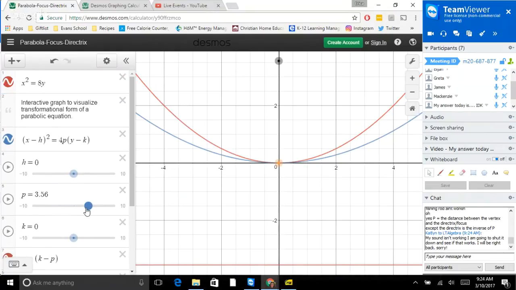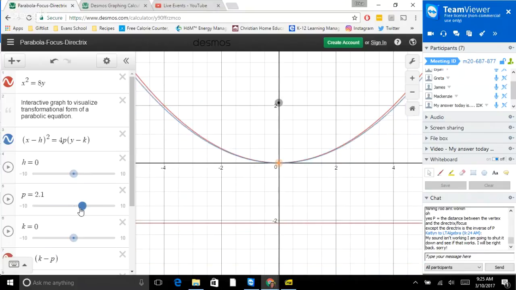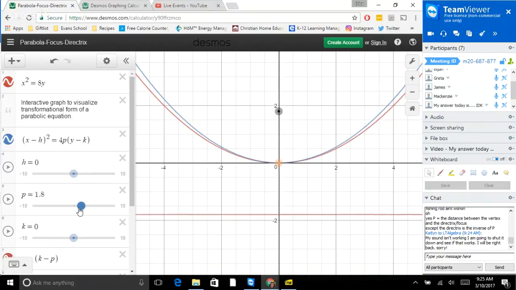And I said that my parabola, in order to have that, would have a p-value of 2. So now you can see that both graphs match up, right? The red and the blue are on top of each other. And the focus point is at 2, and the directrix is at negative 2.